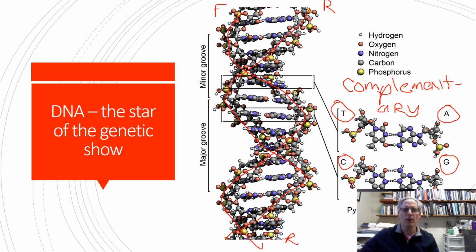But this other molecule over here that we trace to over here, that's the front. So these two strands are in opposite orientations. We call that antiparallel. These two strands must be antiparallel. If they're not antiparallel, they don't fit together.